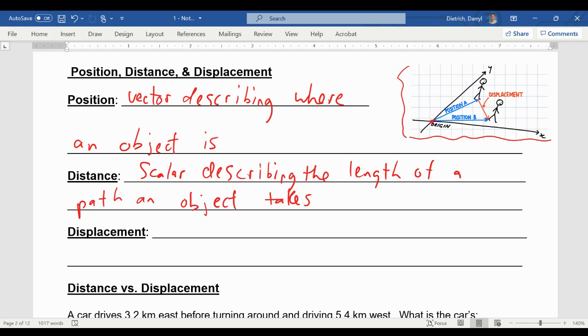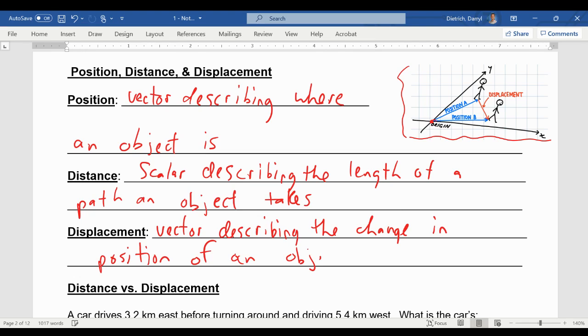It's just a scalar. Displacement, however, is a vector quantity describing the change in position. If your position changes, you draw a vector from where an object starts to where an object ends up, and that vector quantity would be your displacement.